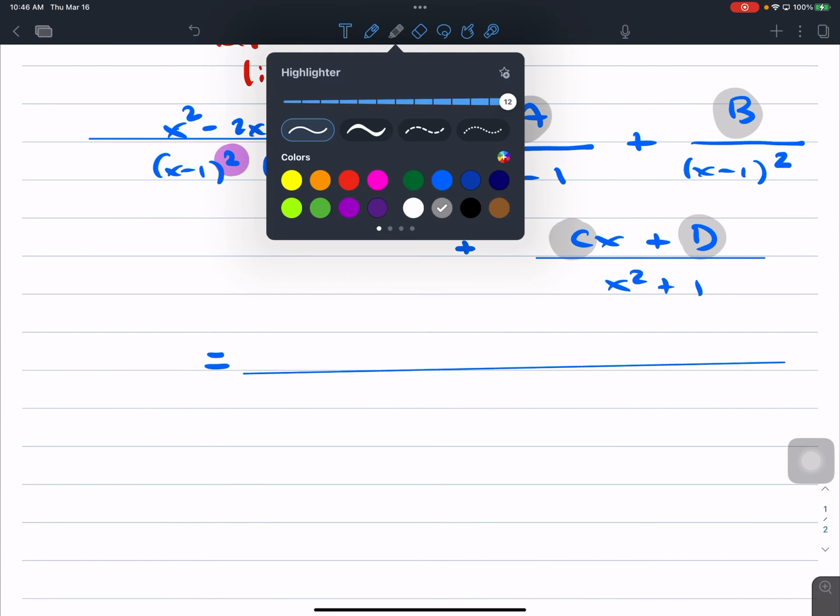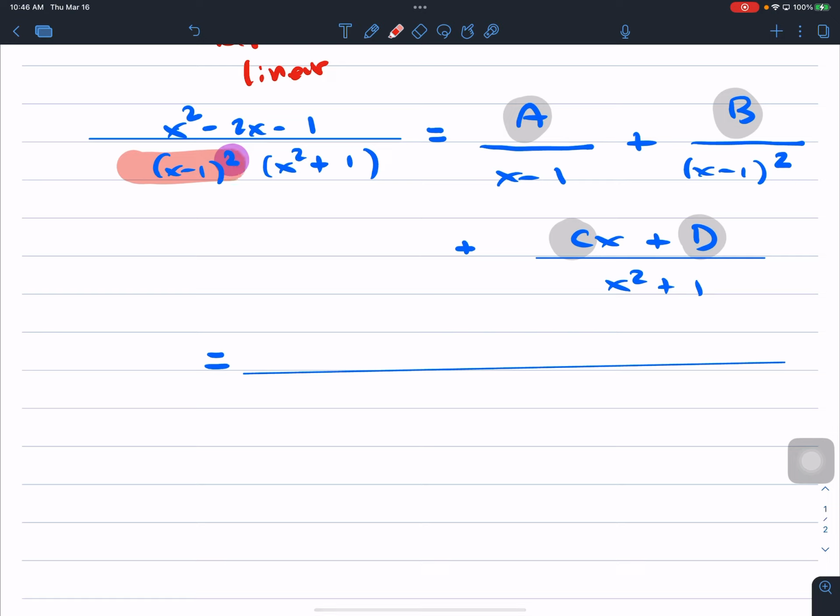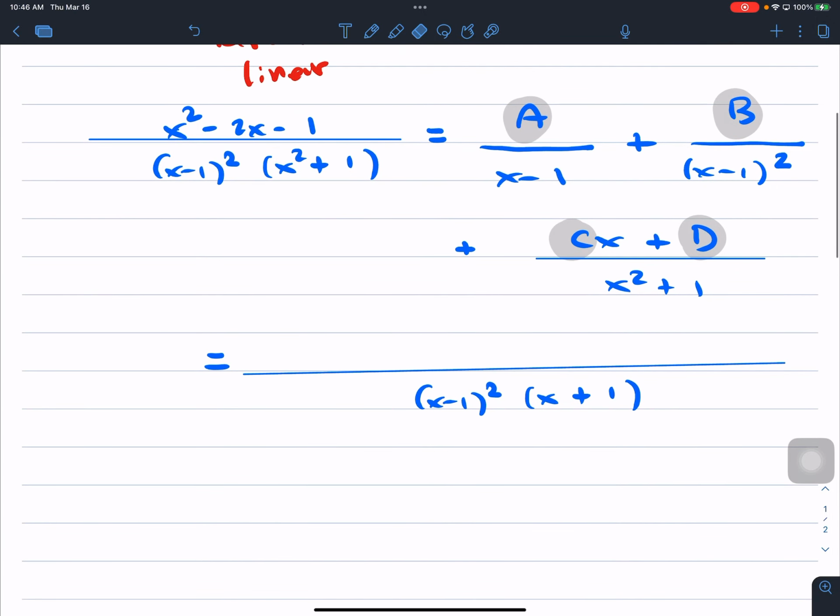What's the LCM? This denominator is going to be on the bottom when you add. That's your new denominator when you add.